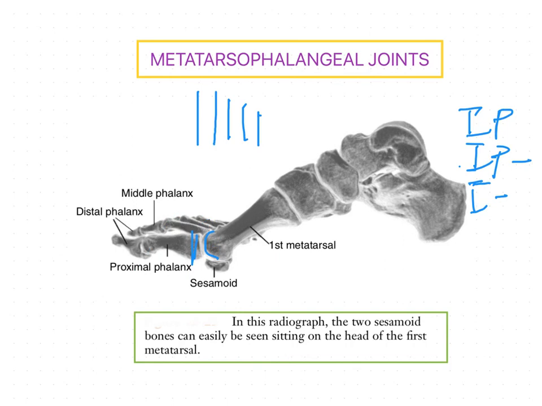Next is index minus, or Morton's foot, in which the second metatarsal is the longest, followed progressively by the first metatarsal and then the third, fourth and fifth.